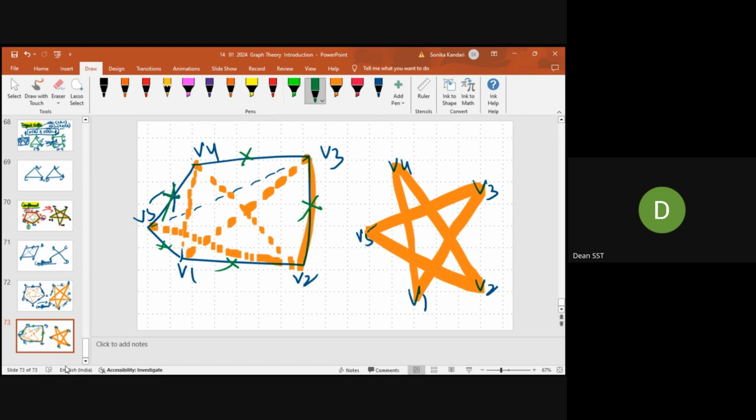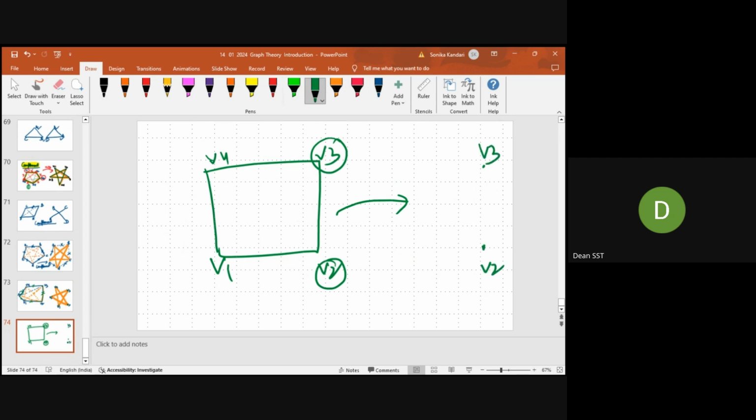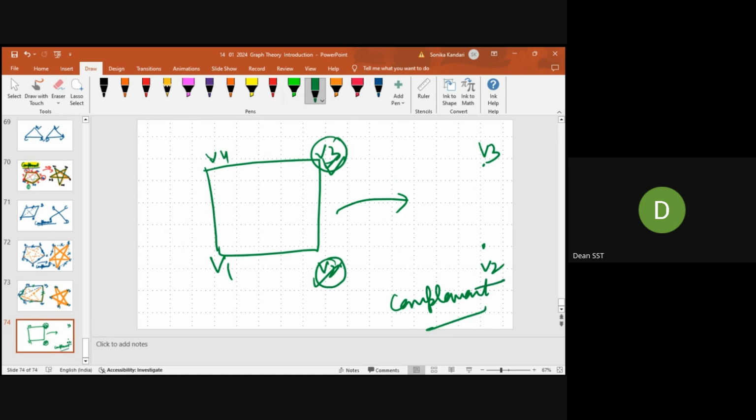It means these adjacent vertices should not connect with each other directly. They should not be adjacent in your complement graph. Like V2, V3 are adjacent here, so they should not be adjacent in the complement graph.